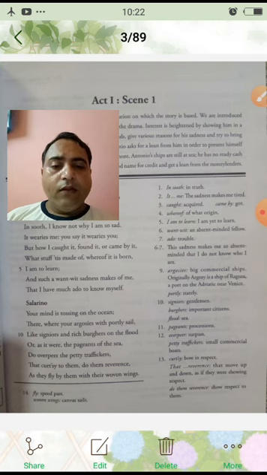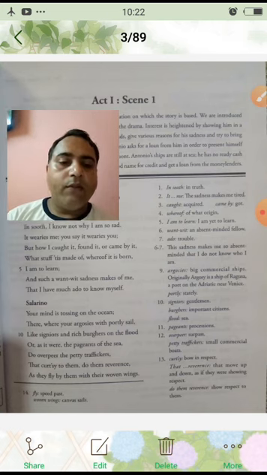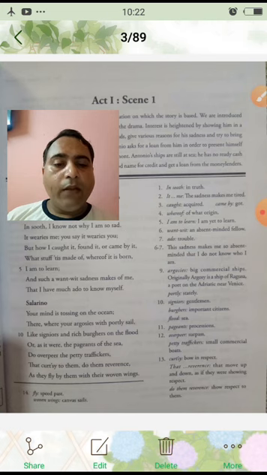And it is given, as they fly by them with their woven wings. So you can see on the other side, point number 13, that they move up and down as if they are showing respect.